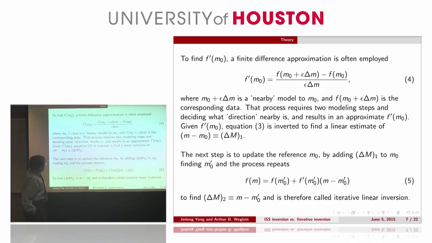We don't want to do that because that's an issue. We don't want to let the iterative linear suffer that issue. We're going to give it the exact Frechet derivative.